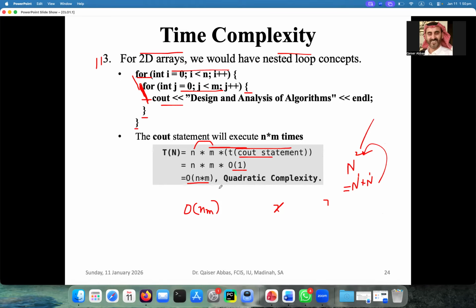And here in nm, two things are multiplying, and there two things are multiplying. That's why we are calling it quadratic complexity. When you have big O of nm, where two things are multiplying, you can call it quadratic. This is the name for the quadratic.